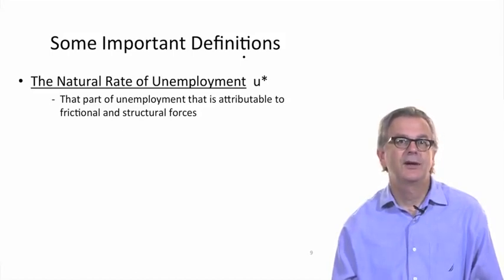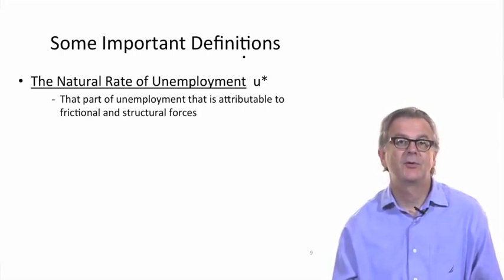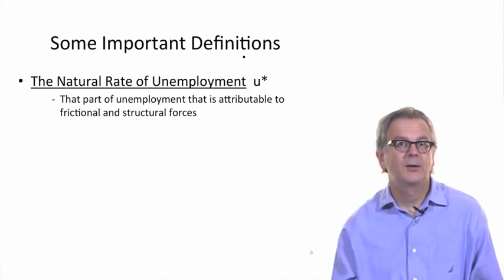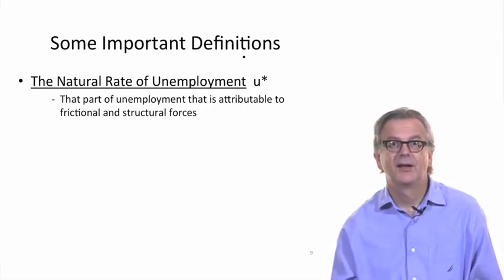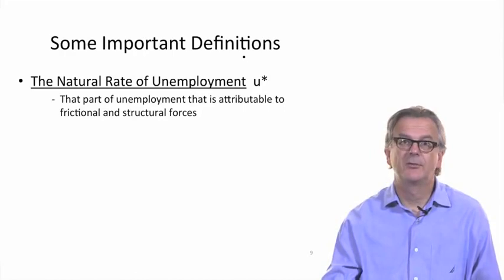At any point in time, as I mentioned, there will always be some people who are frictionally unemployed. There will always be some people who are structurally unemployed. So the natural rate of unemployment is most unlikely ever to be zero. But in the official unemployment statistics, these people are counted as being part of the overall pool of unemployed in the economy.